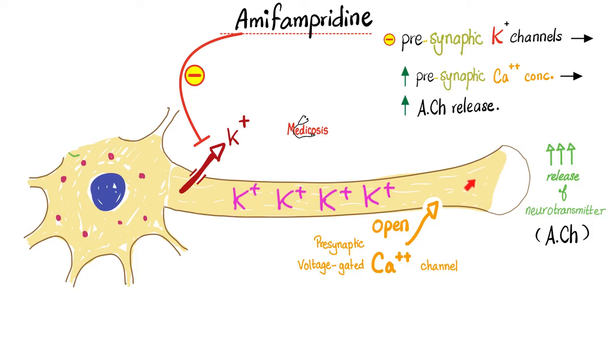Calcium will rupture more acetylcholine vesicles and release more acetylcholine at the neuromuscular junction. And that's why this medication can be used to treat Lambert Eaton Myasthenic Syndrome by forcing the calcium in against the will of the nasty autoantibodies that are trying to inhibit the channel.